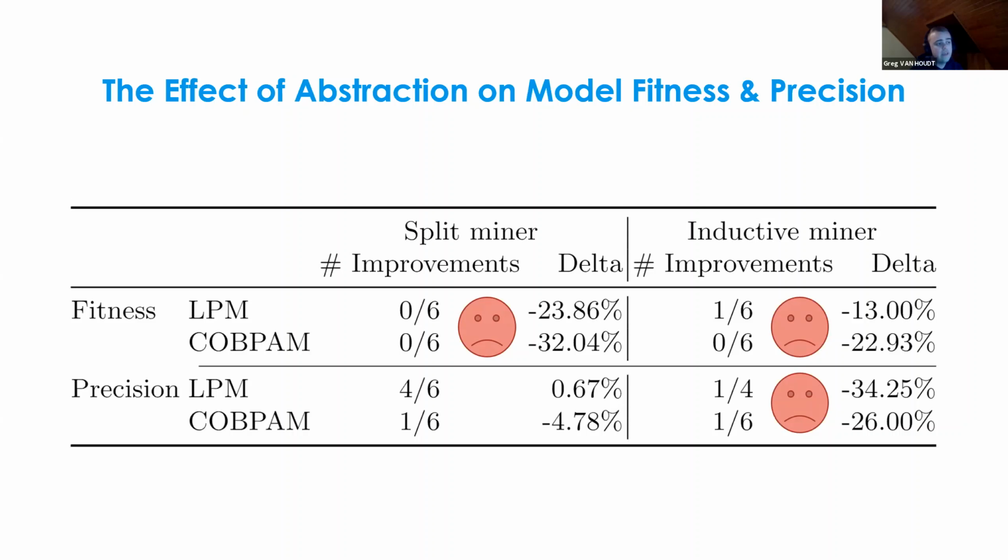But when you look at the average deltas, it's always a pretty drastic decrease, apologies. The one thing that we do note, however, when looking at precision in combination with LPM and split miner, on average, there's an increase, which was quite surprising, actually. I'm going to get into that later.